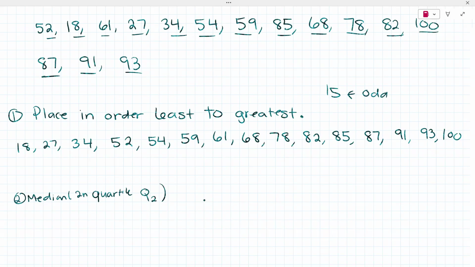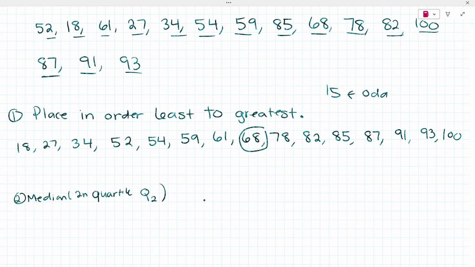Because the total numbers out there is 15, the number right smack in the middle is 68. If you're not sure, count how many numbers to the left and count how many numbers to the right. If they're the same amount, then that's the middle number.